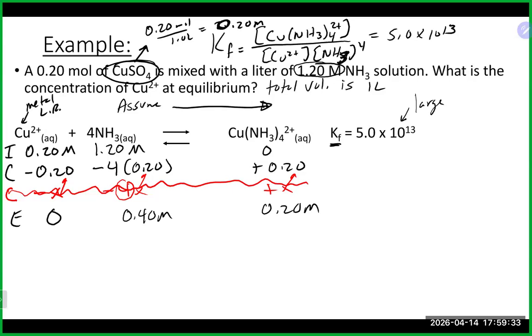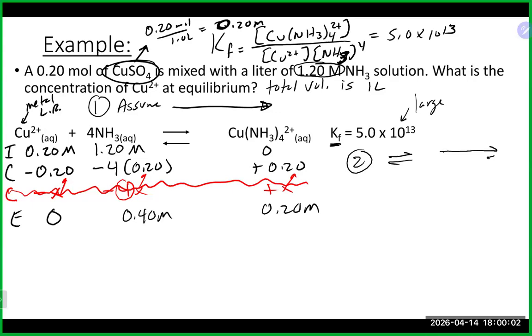That would be awesome if that was always the case, but it's not. So the second part of this assumption is that although we are going to assume that everything goes to the right, it is still a reversible reaction. So even though it is almost all the way going to the right, there is still going to be a little bit of it coming back in the other direction.